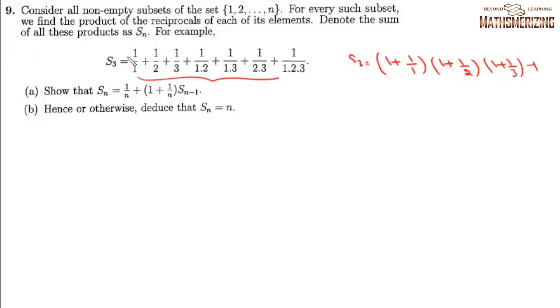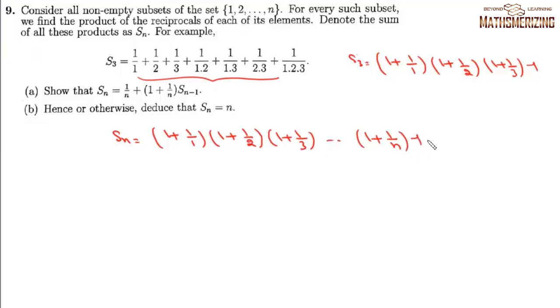So we can find the sum of all these products Sn as (1 + 1/1)(1 + 1/2)(1 + 1/3) up to (1 + 1/n) minus 1. Now we can also write Sn−1 as (1 + 1/1)(1 + 1/2) up to (1 + 1/(n−1)) minus 1.